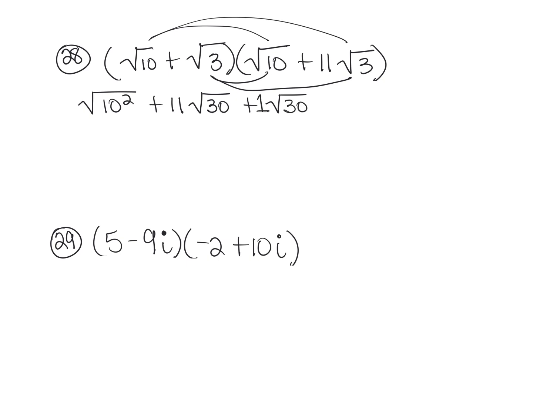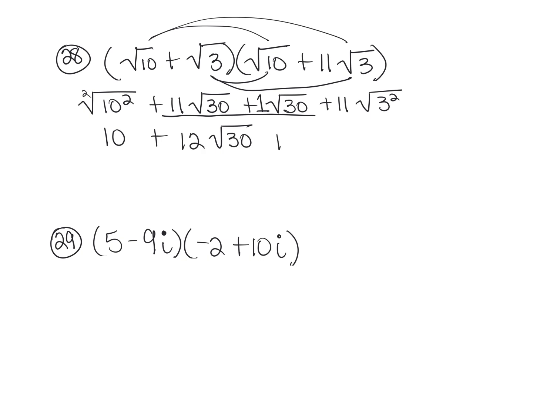And then lastly, we have the square root of 3 times 11 square roots of 3. So the 11 doesn't change, and then I have 3 times 3, which is 3 squared. So this imaginary 2 goes into that exponent 2 once, so that's 10. Then I have these two, the square root of 30s match, so I keep it, and I add the 11 and the 1, so that's a 12.